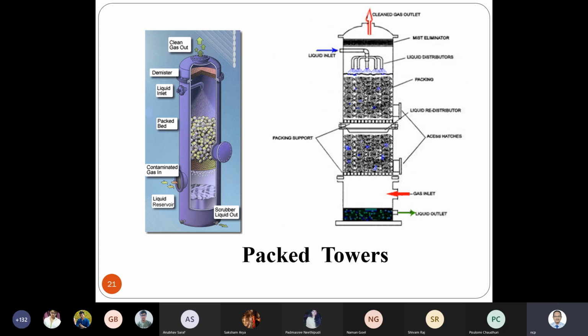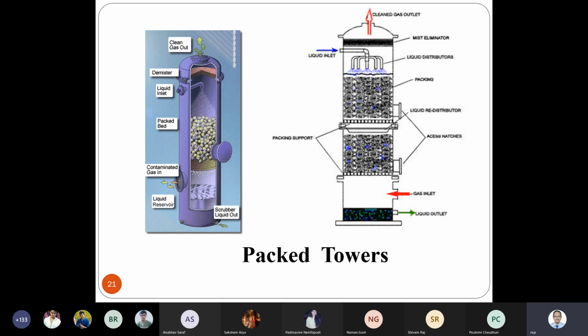Then gas is introduced from the bottom as usual in this case, so we get countercurrent contact of gas and liquid, and again gas will always carry away some of these liquid droplets. So a demister again you have to use, right, to arrest the liquid droplets, and then we get clean gas out, and then scrubbing liquid will be removed from the bottom, right?